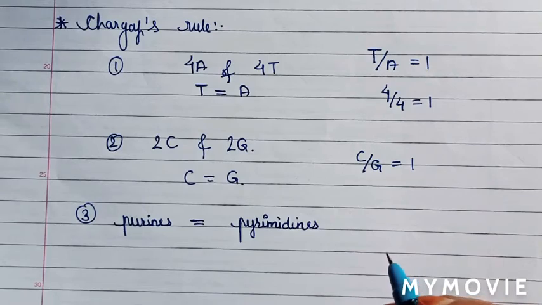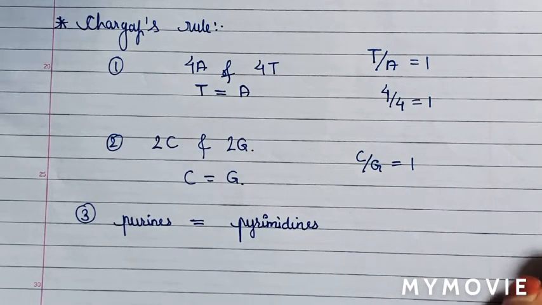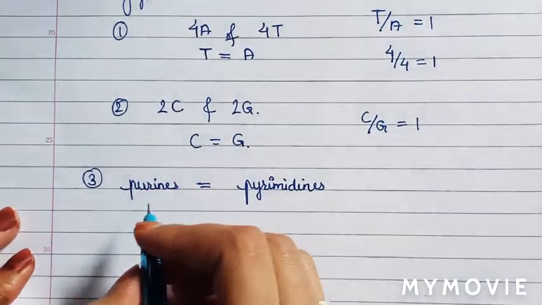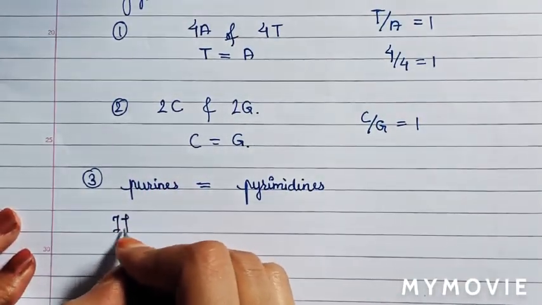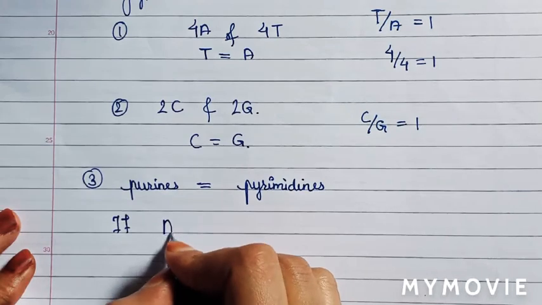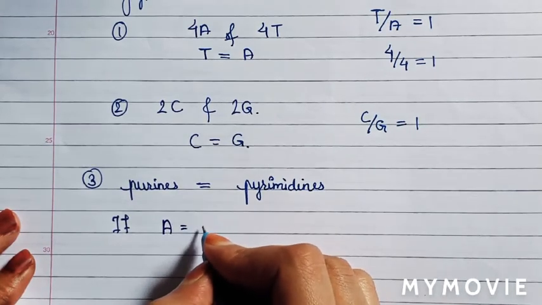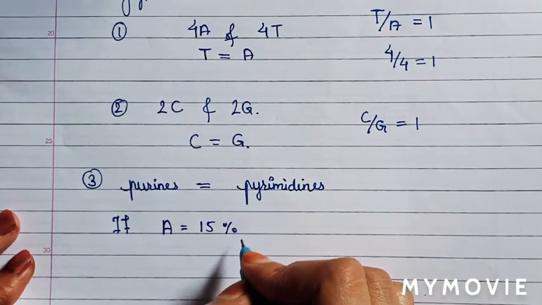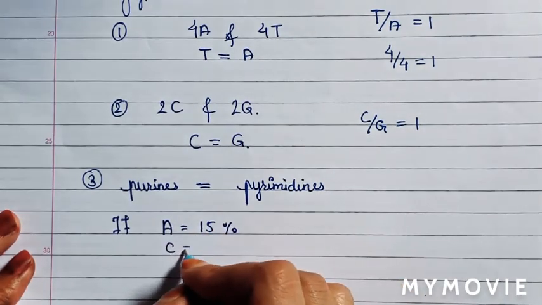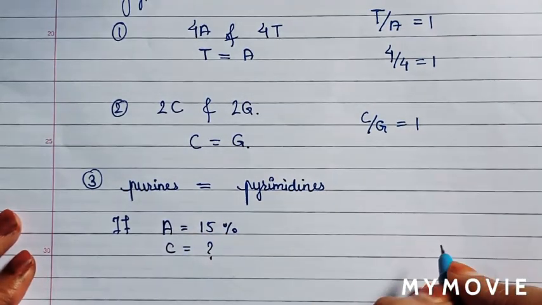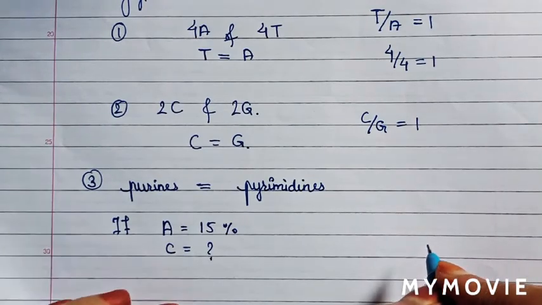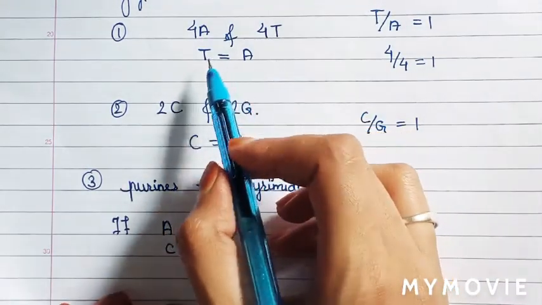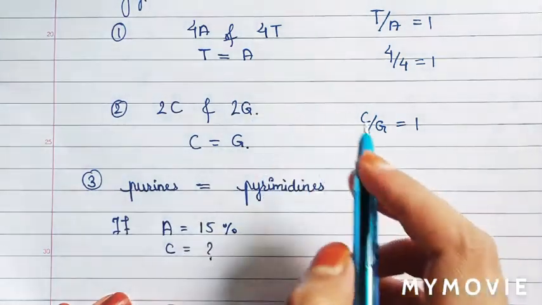Now there were questions asked in some competitive exams: if A, adenine, is equal to 15%, then how many percent cytosine will be present? According to Chargaff's rule, adenine is equal to thymine.